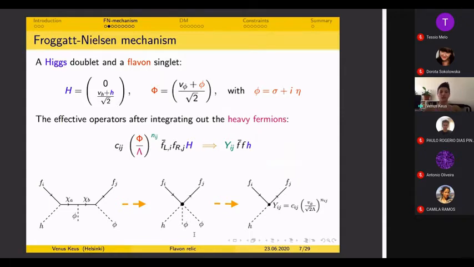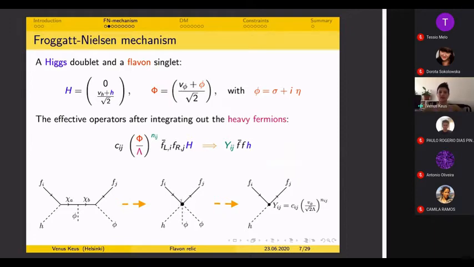Remember that there is this U(1) Froggatt-Nielsen symmetry that is respected by your Lagrangian, so each vertex has to be U(1) symmetric. That depends on the U(1) charges you've given your standard model fermions, your Higgs, and the flavon. And how you distinguish between different fermions is by the number of flavons that appear at this effective vertex.